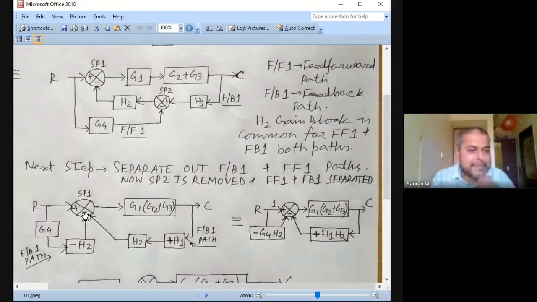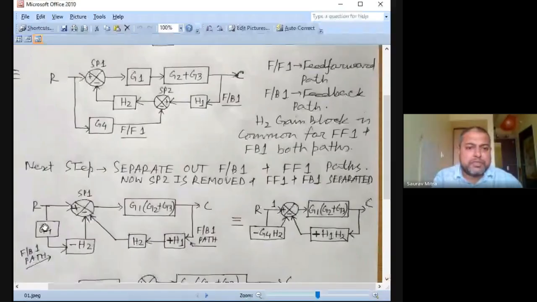That's what I have given as minus. So this G4 and minus H2. Why minus H2? Because this is a minus sign. So either you can call it minus G4 into H2 or you can call it G4 into minus H2, anything you can call. But the net effect of the feed forward path is positive. So G4 minus H2 is given to minus. So you could write G4 into H2 given to plus. That is the first thing, feed forward.